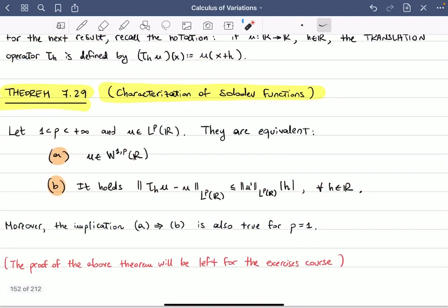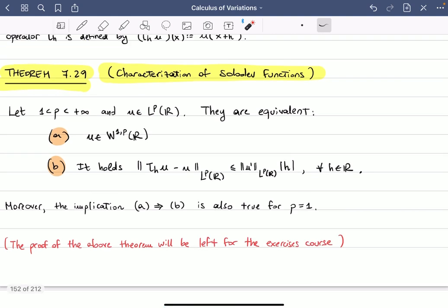So 7.29 was telling you that if you have a function in LP which is also in W1P, then the translation minus u with respect to the LP norm can be bounded by the absolute value of h times the LP norm of u prime.